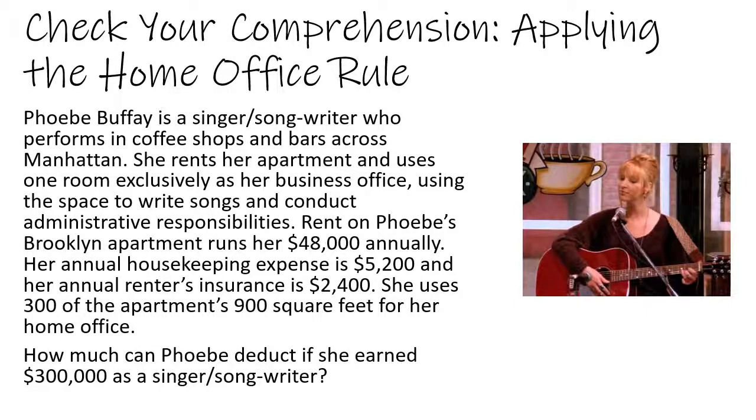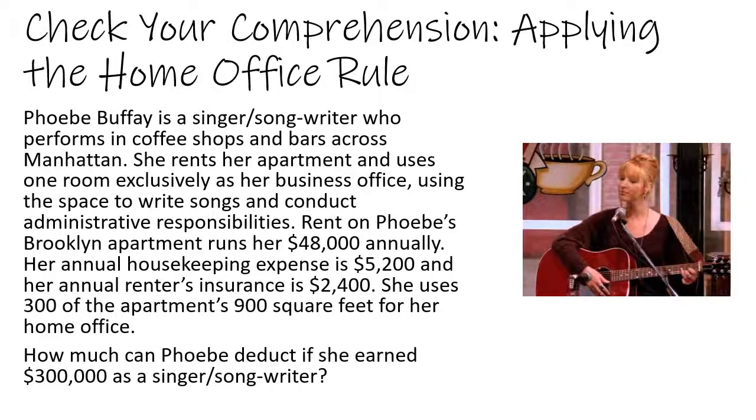Rent on her apartment runs her $48,000 annually. Her housekeeping expense is $5,200, and her renter's insurance is $2,400. She uses 300 of the apartment's 900 square feet for her home office. How much can she deduct if she earns $300,000 as a singer-songwriter?